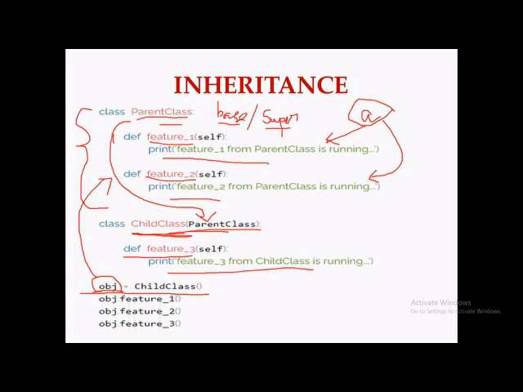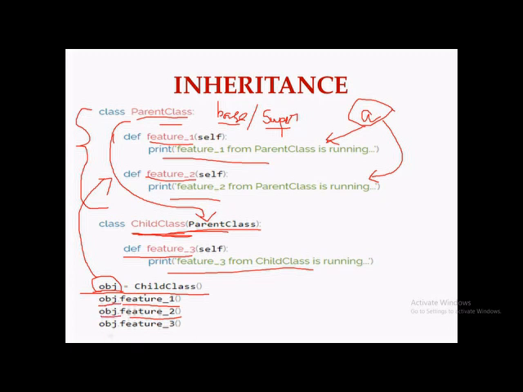See here, I have created an object only for the derived class, obj. By using obj, the object of the derived class, I can access the functions of this parent class. Why? Because this parent class is inherited to the child class. See here, feature 1 and 2 are actually functions defined inside the parent class, but even then we are just calling the function with respect to the derived class object.